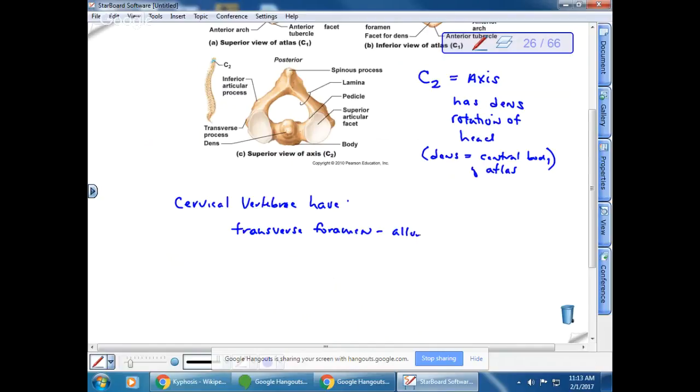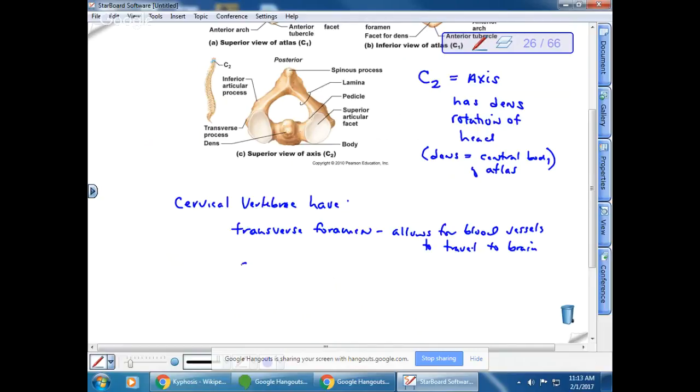This allows for blood vessels to travel through and up into the brain. Maybe it's the vertebral artery that travels through there.